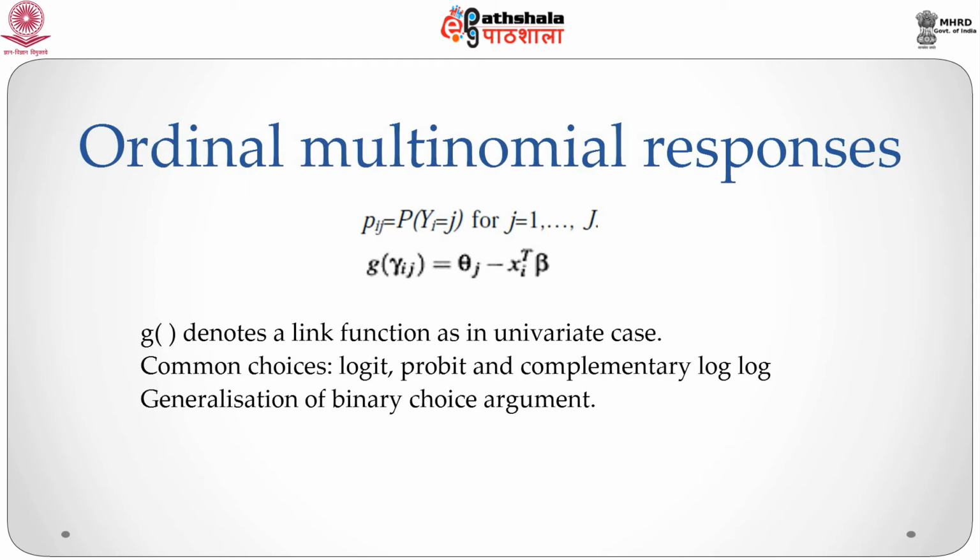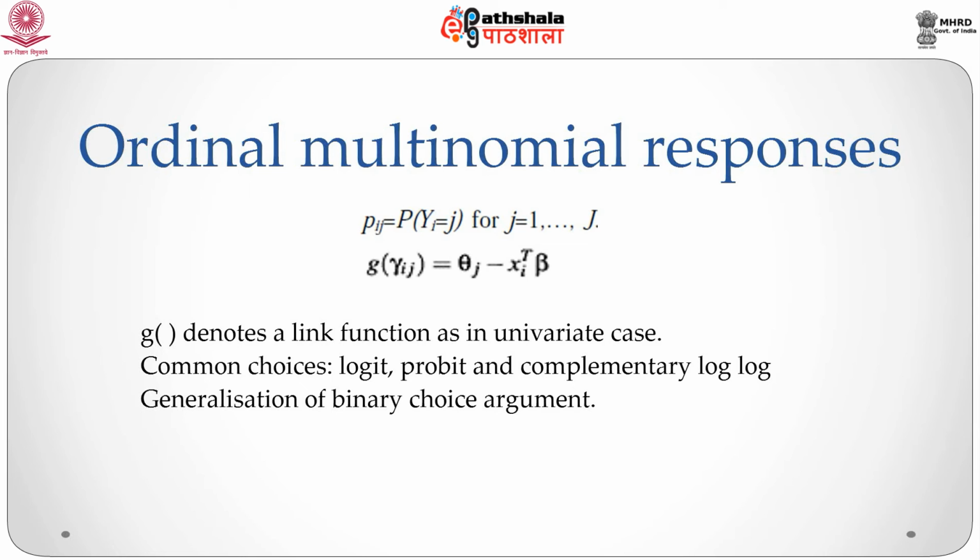So now we are assuming that we have capital J ordered categories, and that for individual i with ordinal response y_i, p_ij as before is the probability of y_i equal to j. Now because we have an ordered response, we will make one change, that is, we will now work with the cumulative probabilities gamma_ij equal to the probability of y_i less than or equal to j.